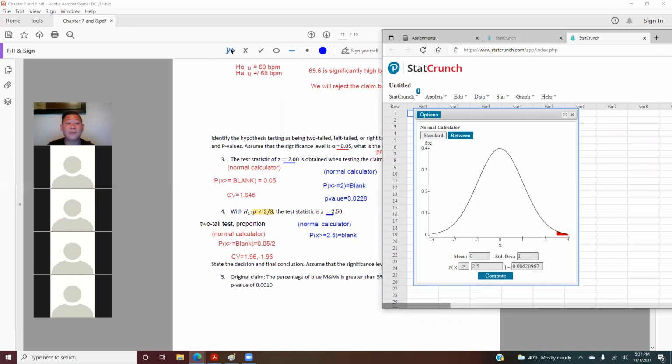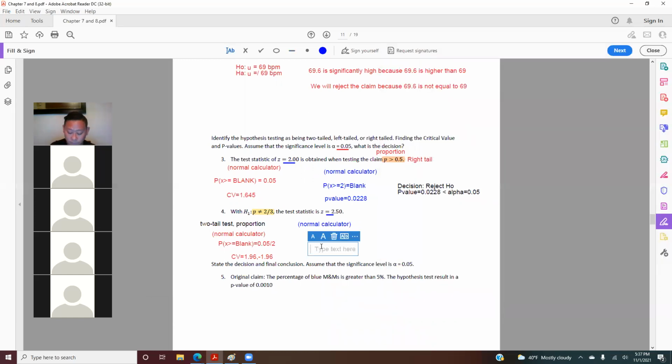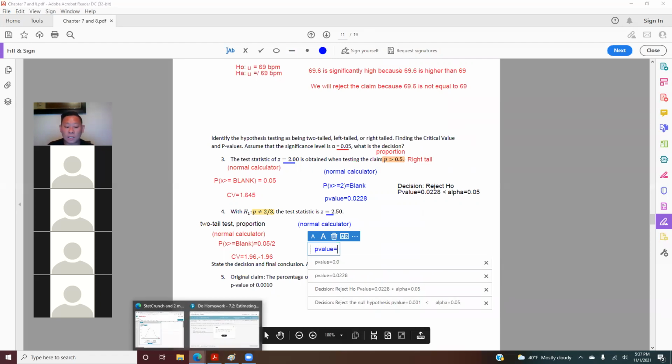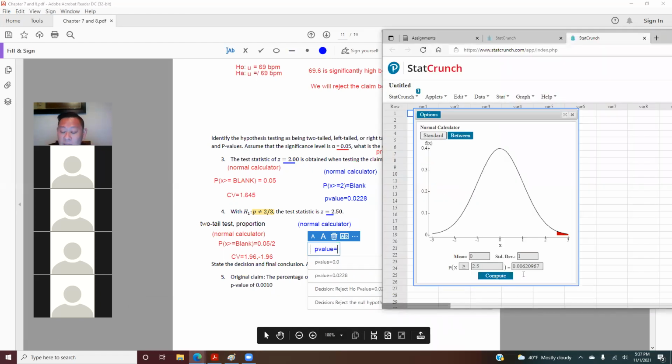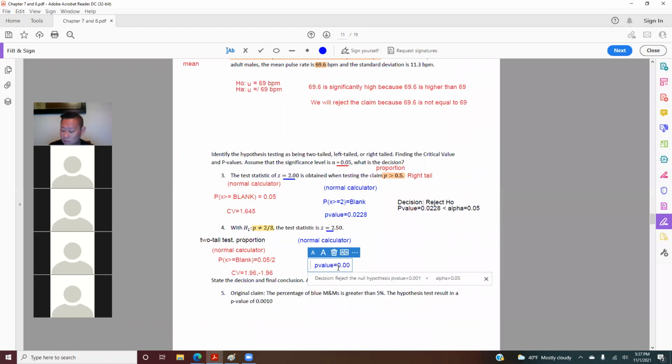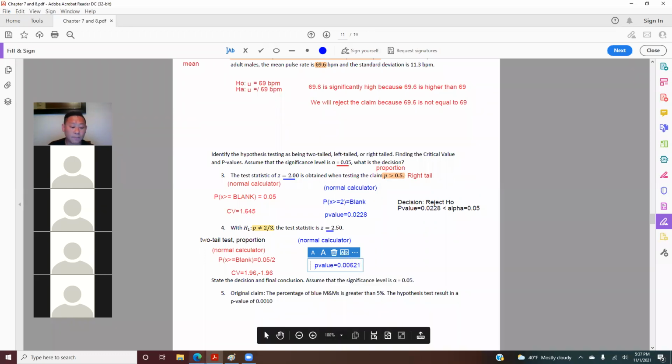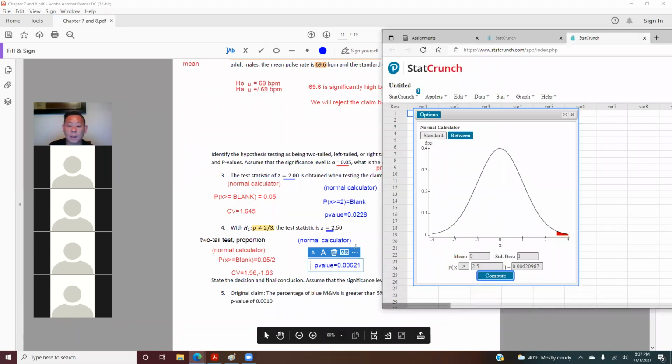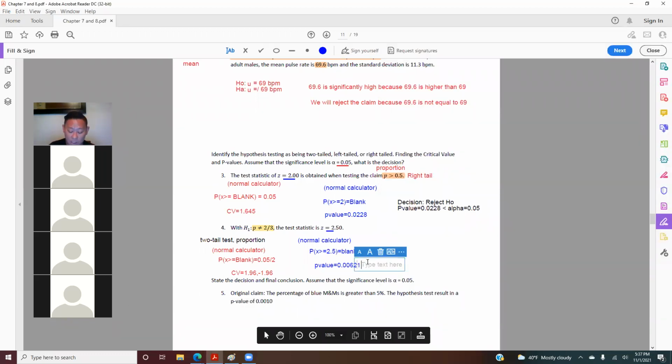So this p-value that we have found here using your StatCrunch is 0.00621. But make sure that you multiply by 2.